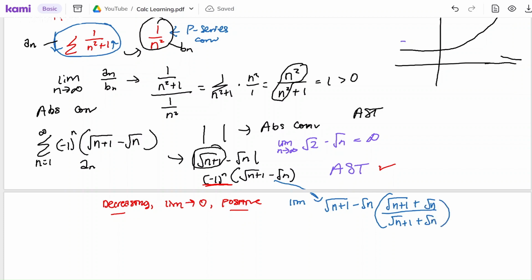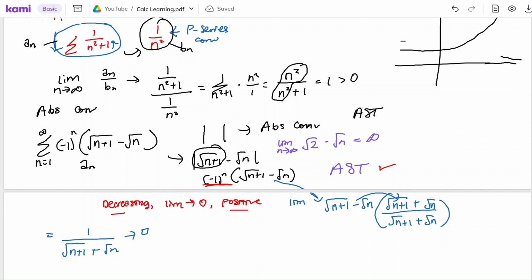And after you do that, the whole numerator cancels out, because when you multiply them it just cancels, and you're left with 1 over the denominator. So now you can see that it's clearly decreasing, and the limit goes to 0, so it passes the alternating series test when you include the alternator. So it's conditionally convergent.